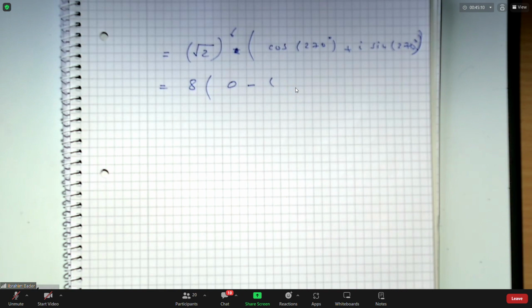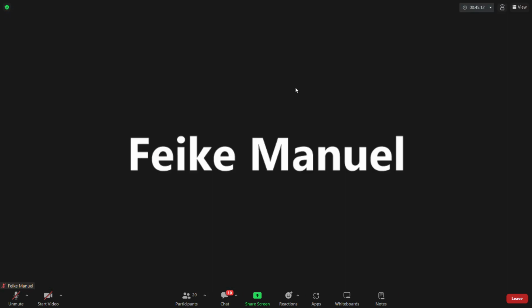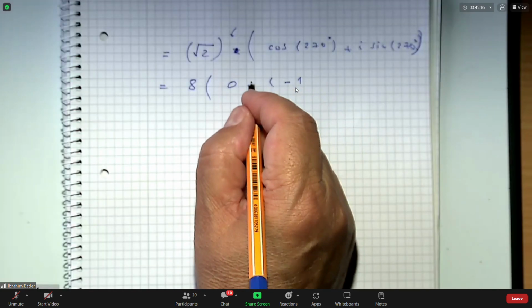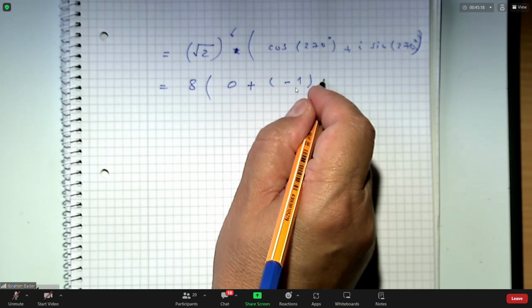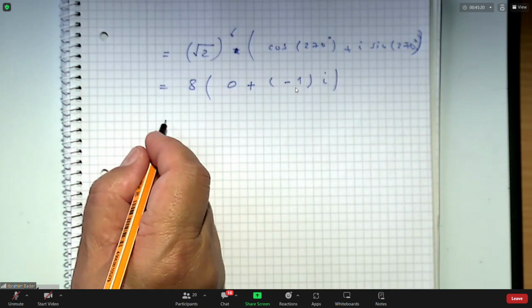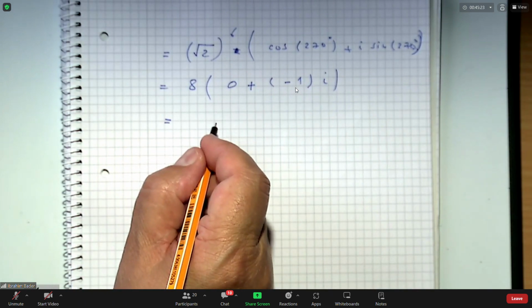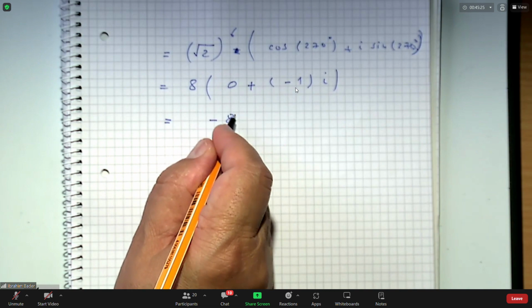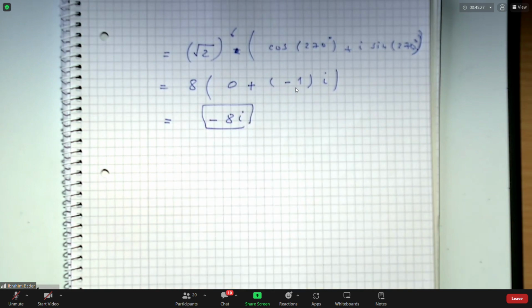It's negative 1, right? Negative 1. So this is plus from the formula, and then you have i. So all in all here you get 0 minus 8i. So this is the answer.